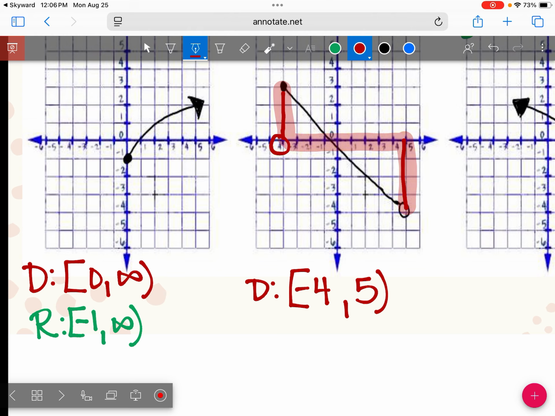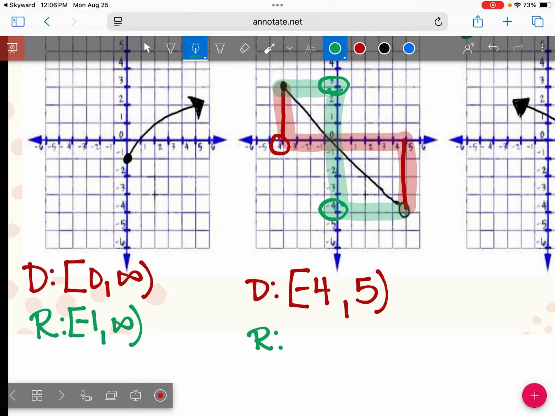Now let's do our range. When I'm talking about range, though, now I'm going over to my y-axis. This is the part. So when I'm looking at my range, the lowest value is here. The highest value is there.